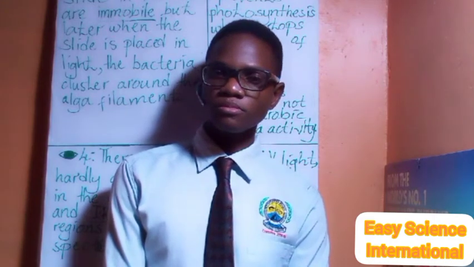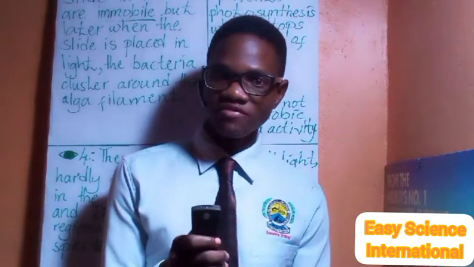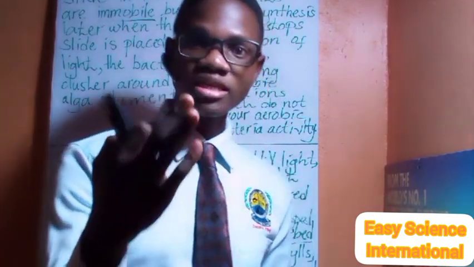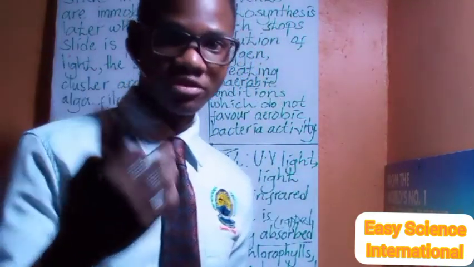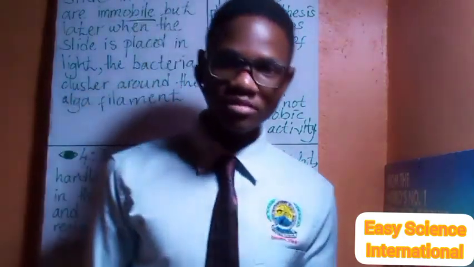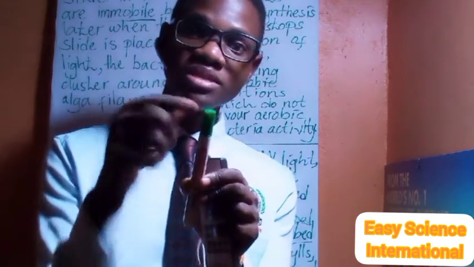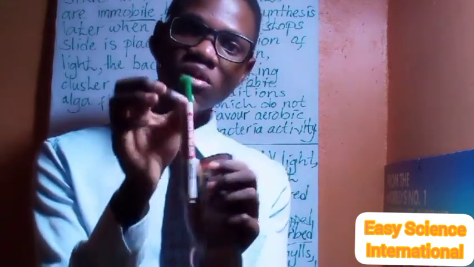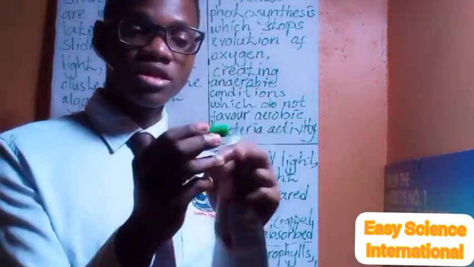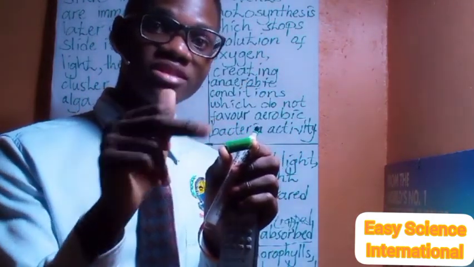So remember, in physics, you see what the object reflects. So if you are able to see that this lid of this marker is green, it means that this green object or marker absorbs all other colors and reflects green.